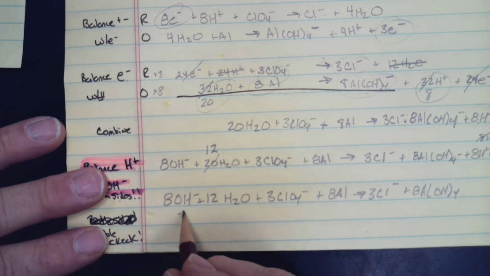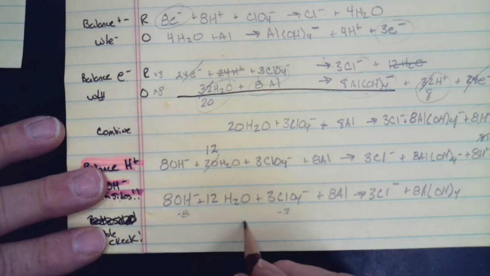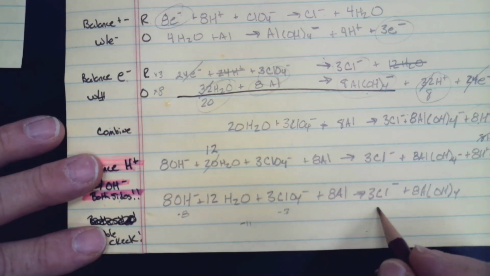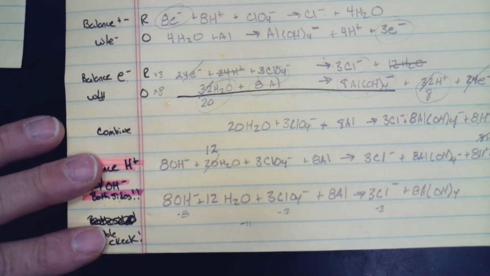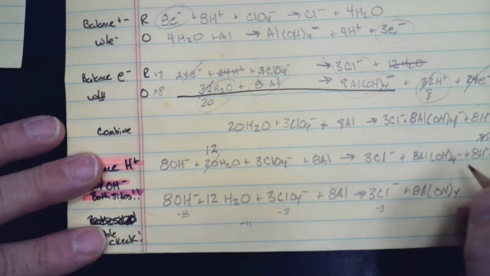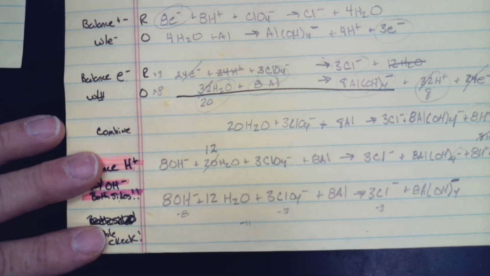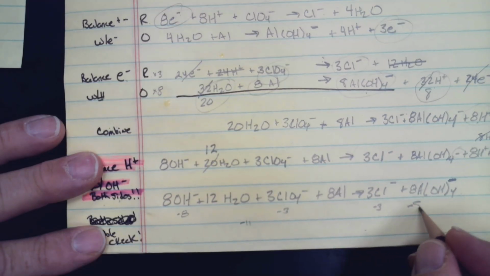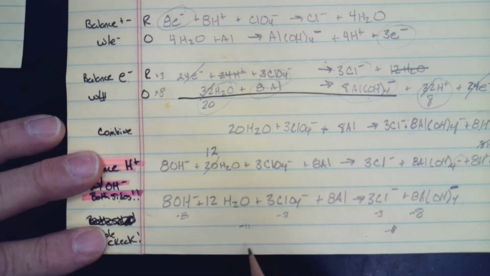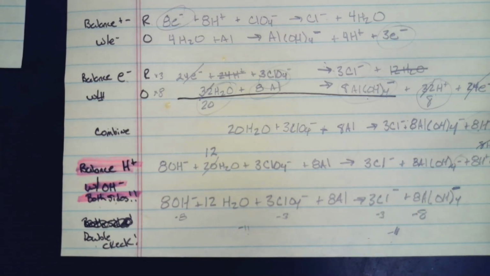So I've got a -8 here, a -3, so that's a -11 total on the reactant side. I've got a -3 here. And, ooh, see, I would have lost that. Easy to make a mistake. But now I have 8 of those, so I caught myself. Both sides have a -11. I feel pretty good that my answer is correct.